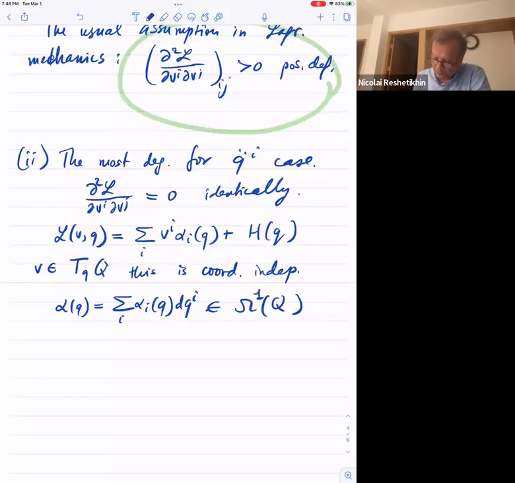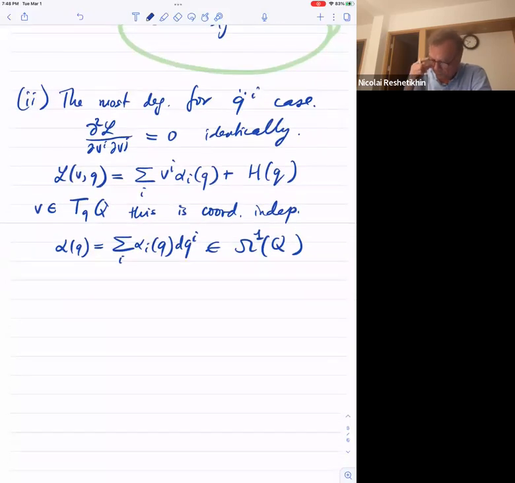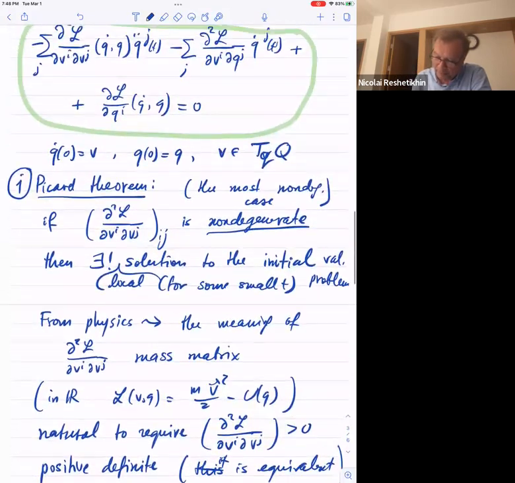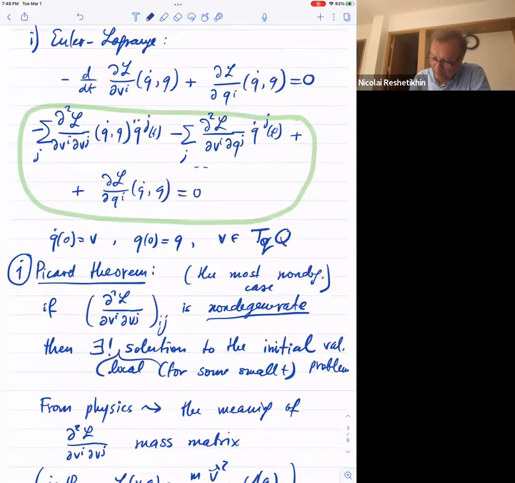So let's look at what is happening in this case. Let's look at the Euler-Lagrange equations. So then this term is non-zero, and this term is non-zero.